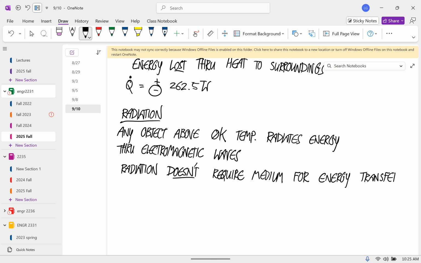That's good news for us because all of the energy on Earth comes from the sun, and that energy would not be able to get here if there was no way to transfer energy without a medium.